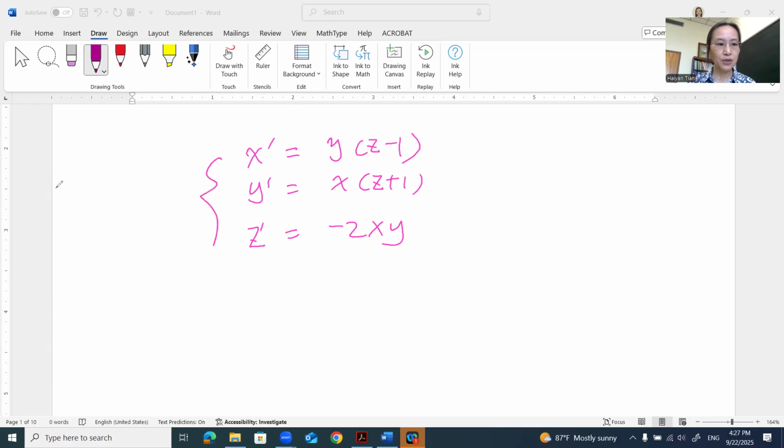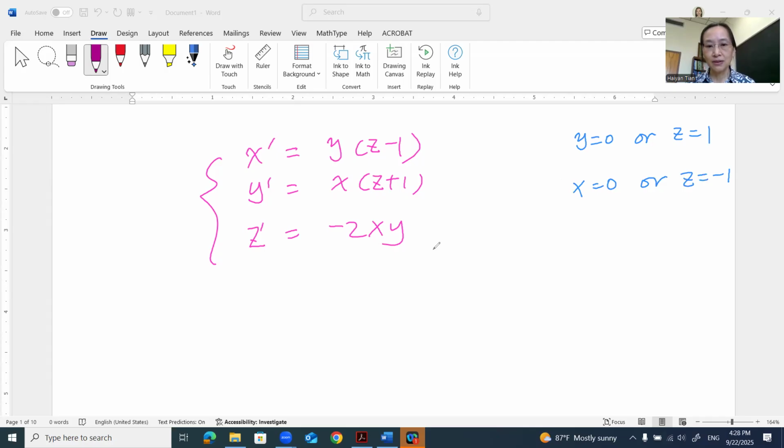If we want to find the equilibrium solutions, immediately we can see the derivative of x will be 0. That means either y is 0 or z is 1. The second equation, with the derivative of y being 0, means x has to be 0 or z is -1.